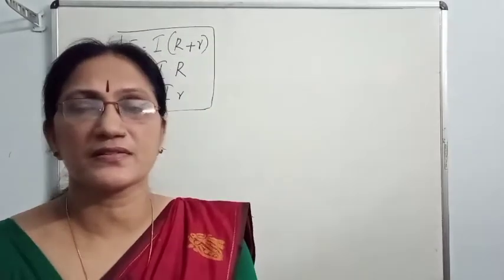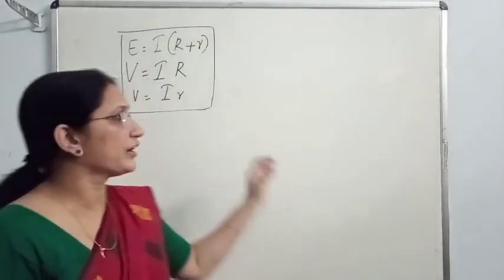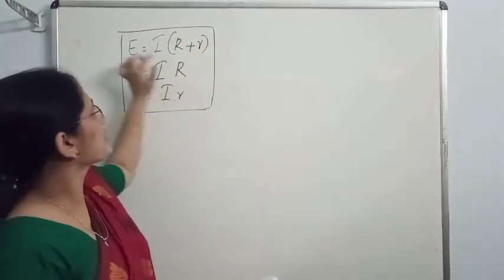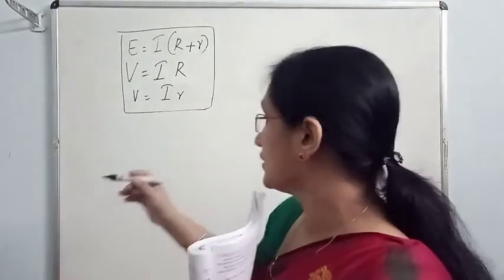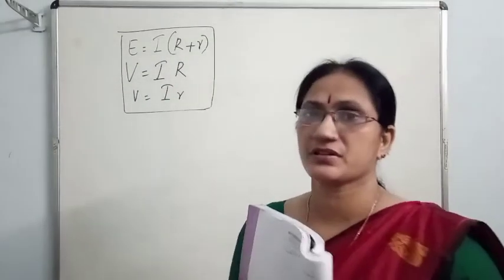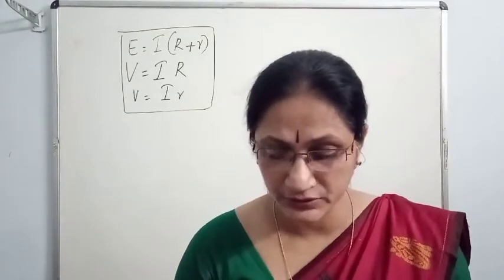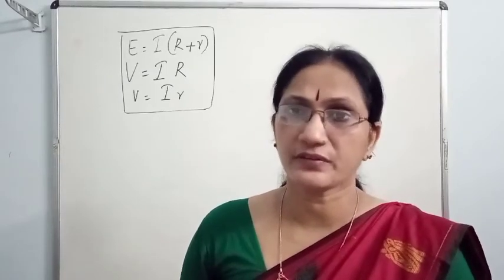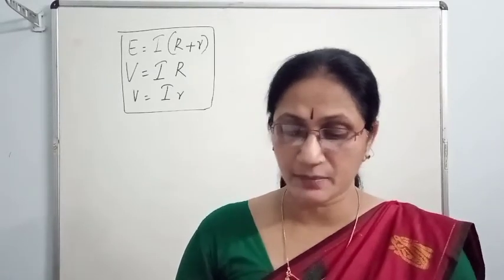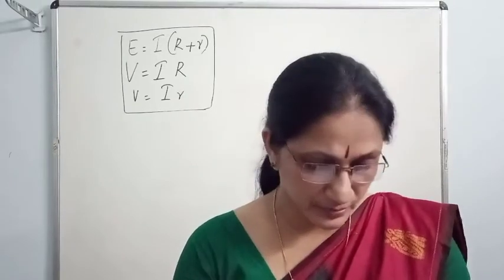Now let us discuss some numericals based on these equations. In your textbook, they have made some equations by combining these. It is not necessary. You may just directly apply these equations. That is enough. Listen to some sample numericals. From page number 175, example number 1.